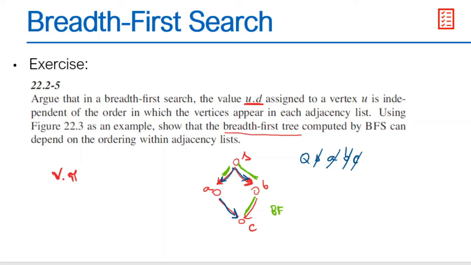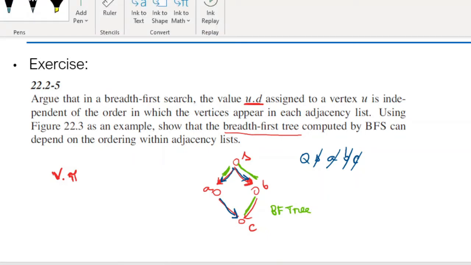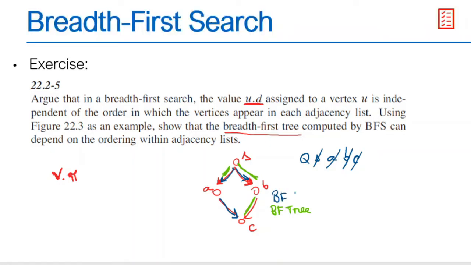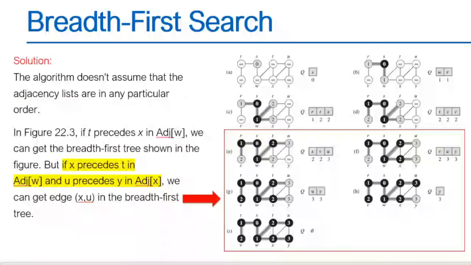So this is a BFS tree where B appears first before A, and this is also a BFS tree where A appears before B in the adjacency list. So again, the distance does not depend on the adjacency list. The resulting BFS tree depends. This is a simple example. You could try to find the same example in this larger picture.